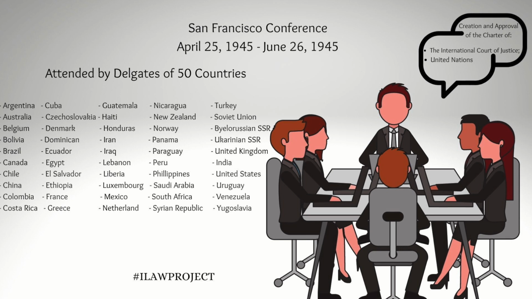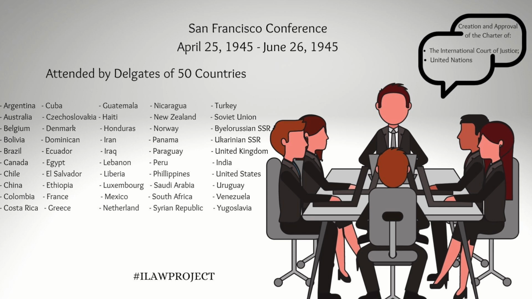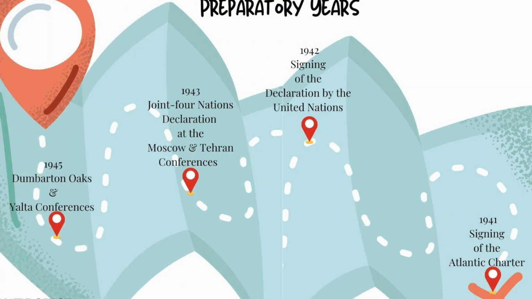Deliberations at the conference culminated in the creation of the Charter of the International Court of Justice, as well as the creation and approval of what we have today as the United Nations Charter.